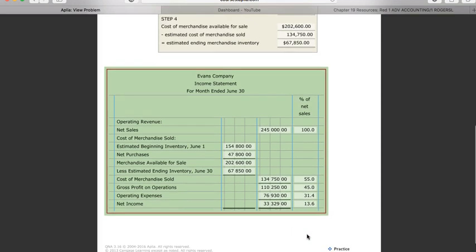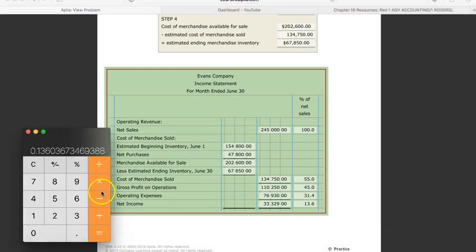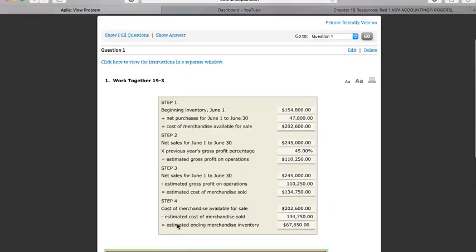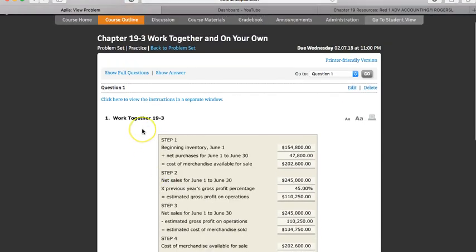And then you are finished. Now, to double check your numbers, these two numbers right here, 31.4 and 13.6, should always equal your gross profit on operations. So if we added that up, just to show you, 13.6 plus 31.4, it's going to equal our 45% right here, gross profit on operations. Okay, so your assignment now is to do 19.3 on your own and the application problem.